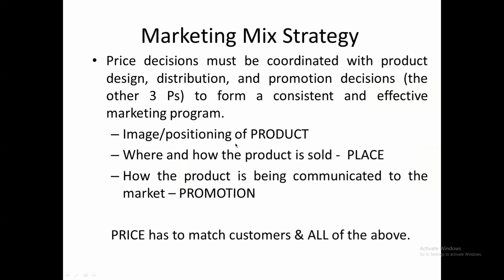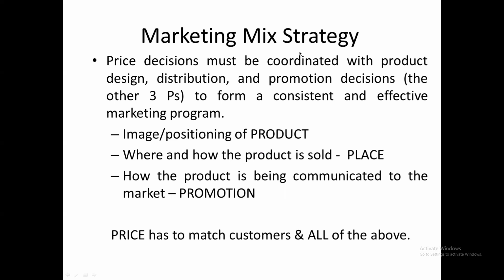There comes a very important strategy for setting the price, that is marketing mix strategy. What is marketing mix strategy? In short, it is 3P: product, place, and promotion. At first, we have to position the product in the market, and then where and how the product is sold. That is the place. And then we have to promote our product selling, how the product is being communicated to the market.